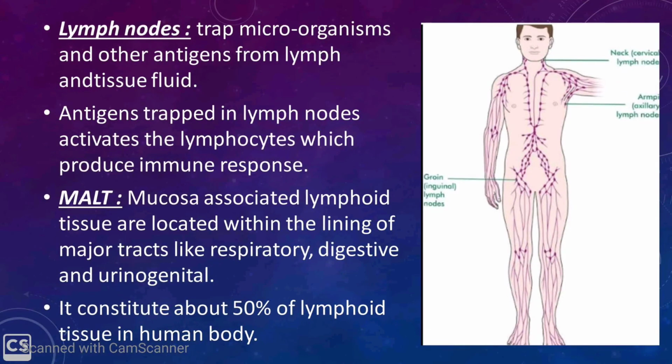which produces immune response. There is lymphoid tissue also located within the lining of major tracts, the respiratory tract, digestive tract, and urinogenital tract, that is known as mucosa associated lymphoid tissue, MALT. It constitutes about 50% of the lymphoid tissues in a human body.